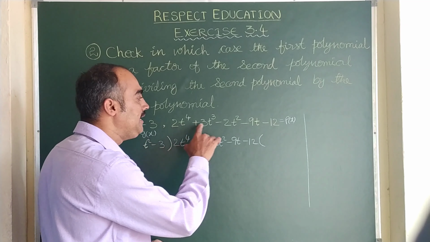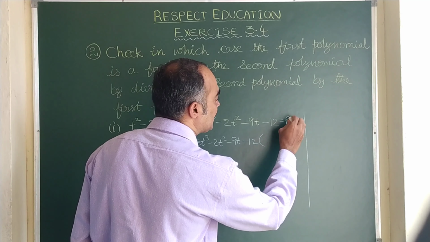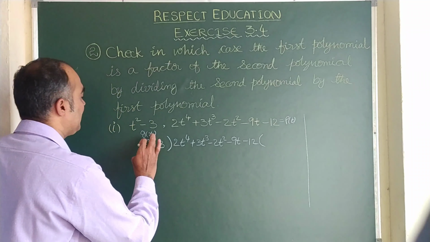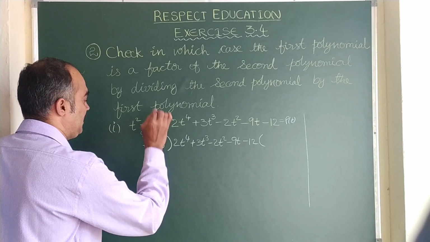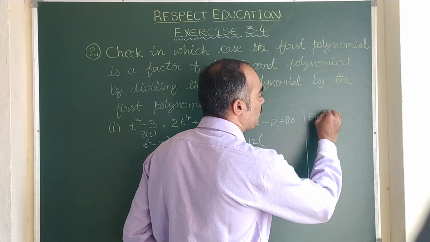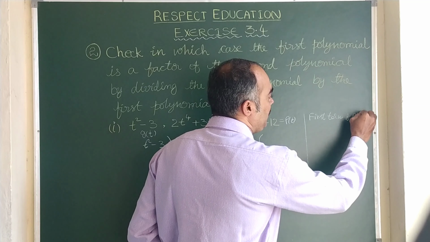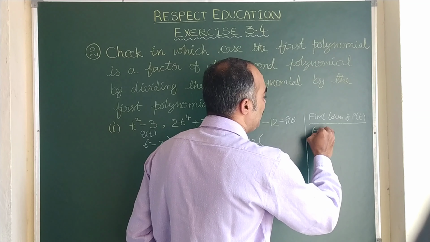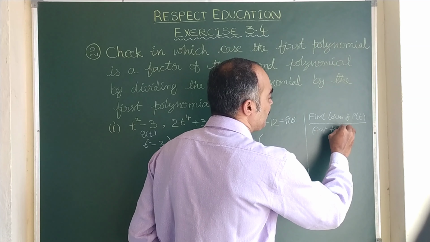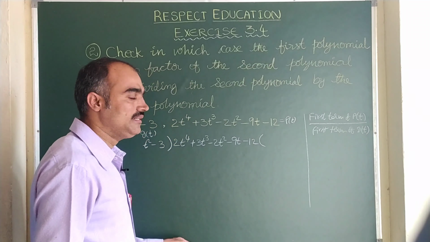It is a polynomial in terms of t, so we should not say it is p of x. I am sorry, here you should take it as p of t. So here you write it as g of t. Now here let us write the same as usual like the earlier problems. First term of p of t by first term of g of t, right?